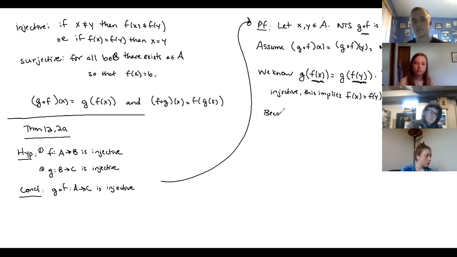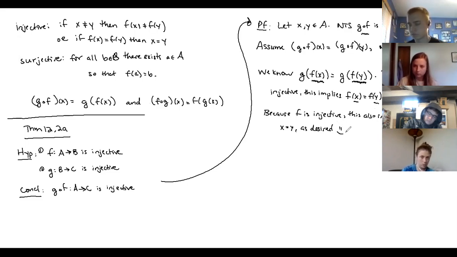So because F is injective, and this one's the easy part, we've got F of something equals F of something else, two somethings here. So because F is injective, this also implies that X equals Y as desired. That's what we wanted to prove.